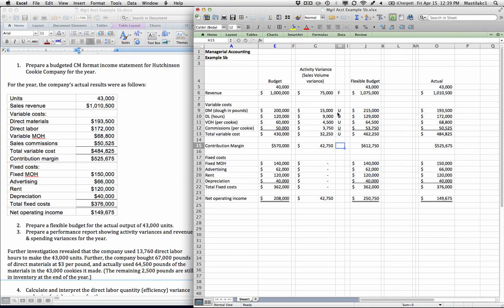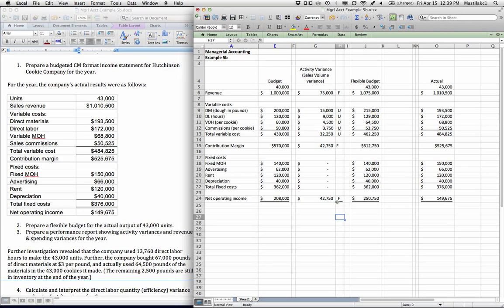However, the way the variance model works is any increase in expenses has a negative effect on net income. And so we're going to call that an unfavorable variance. Contribution margin is higher at the flex budget level than at the budget level, so we're going to call that favorable. All of our fixed overhead variances should not be anything at all because they're fixed.